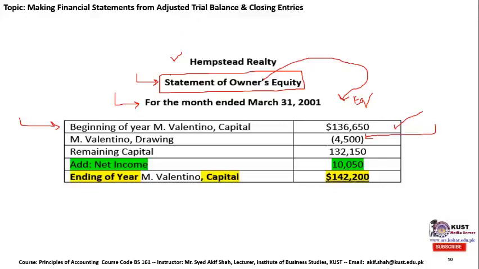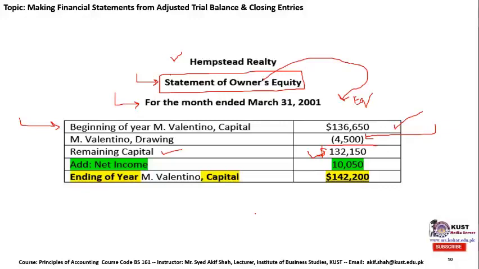So after subtracting, you can insert a single line beneath these two values, and the remaining capital with you is now $132,150.